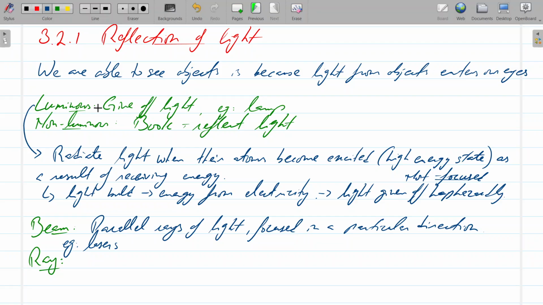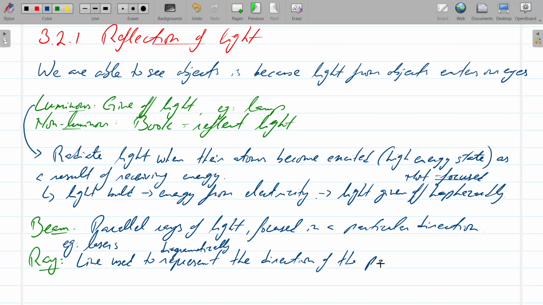A ray is how you represent the direction of the path in which light is traveling. Diagrammatically, it represents the direction of the path light is traveling in.